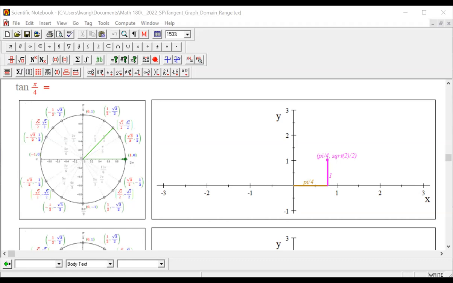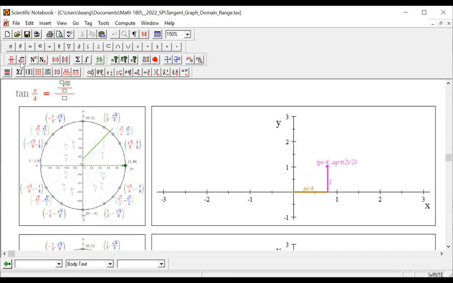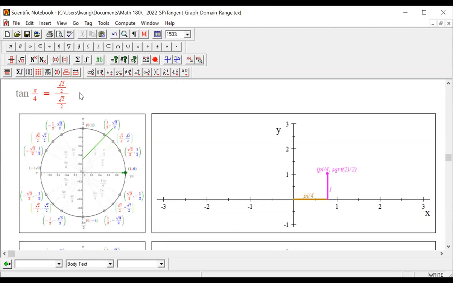So tangent pi over 4 equals to the blue one divided by the red, root 2 over 2. Okay, and of course that's equals to 1. So tangent pi over 4 is equals to 1.